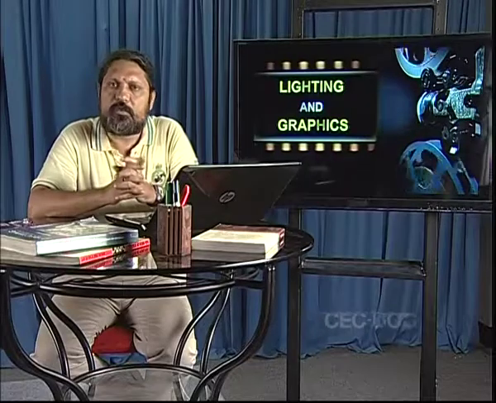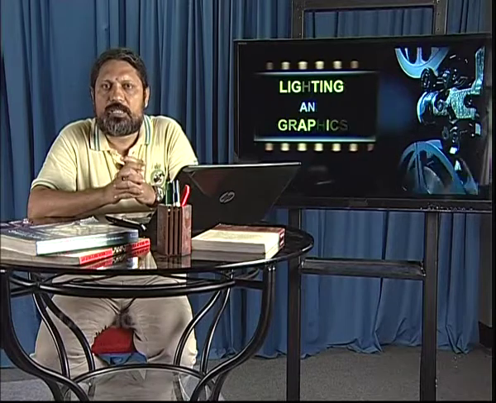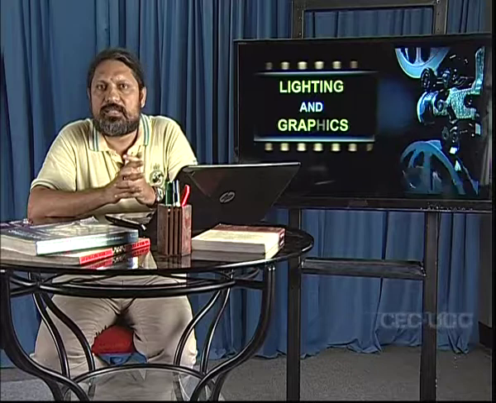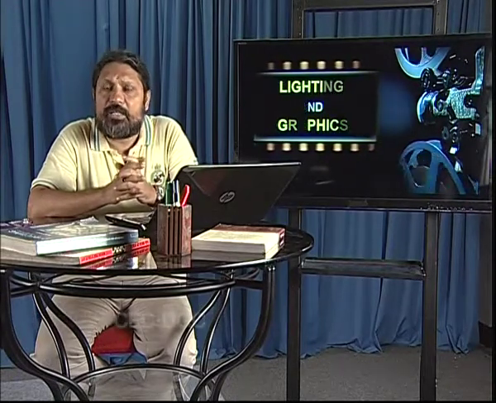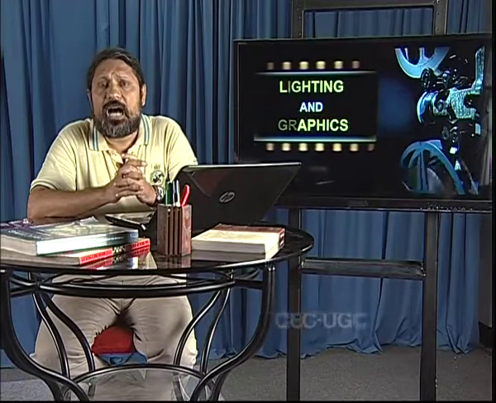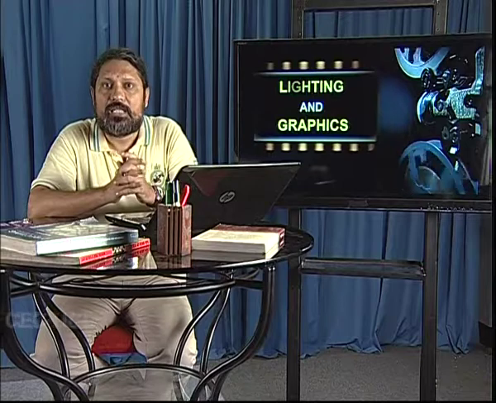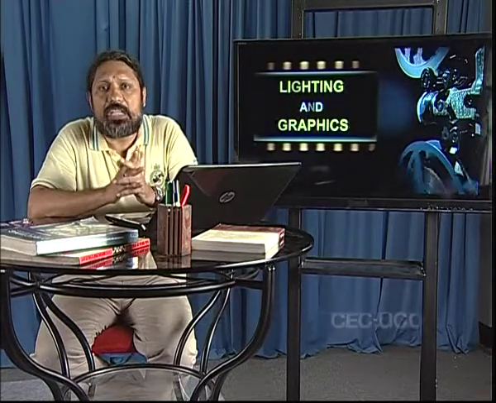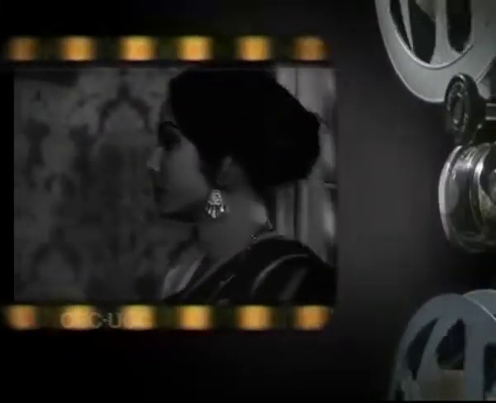That does not, of course, mean that the table lamp or the window is being used as the only lighting source in the scene, because there are a battery of lights being used to light up the scene, but it looks as if light is being achieved only through the window light.